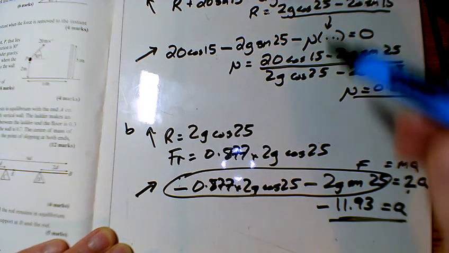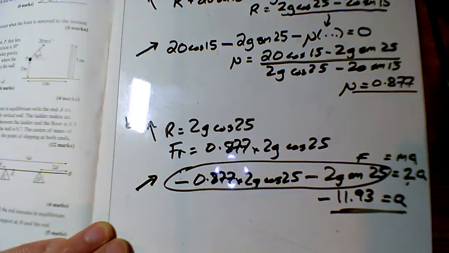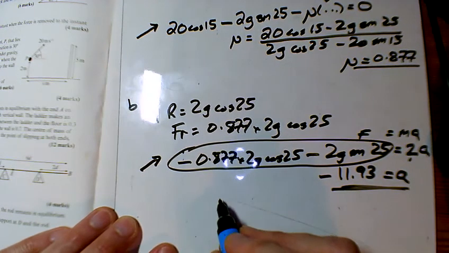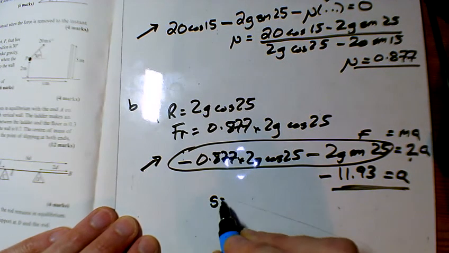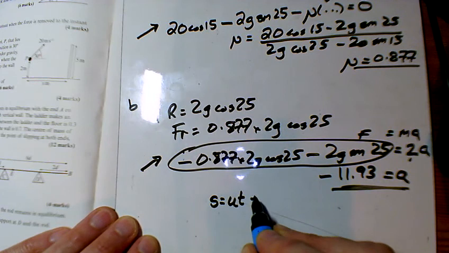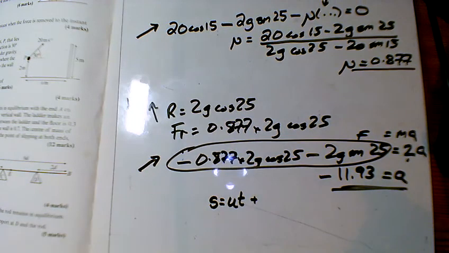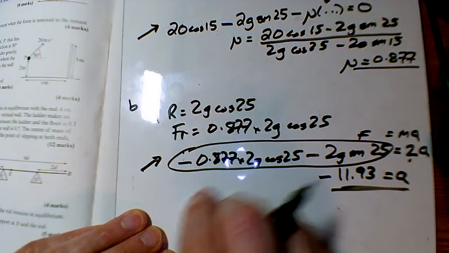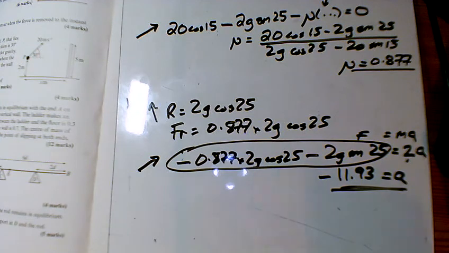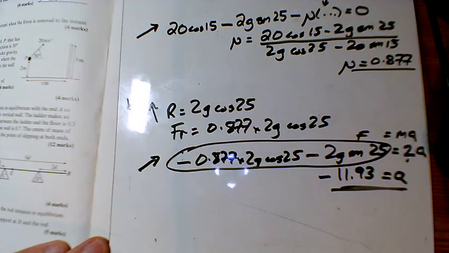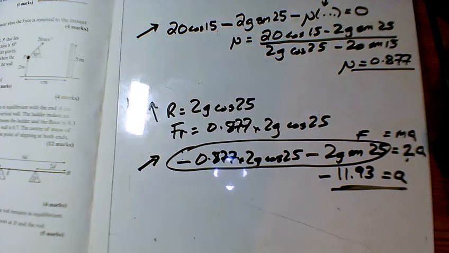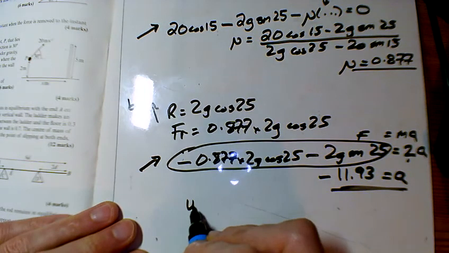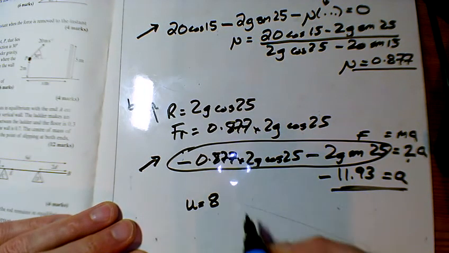I like it being minus because we want it to be not going as quickly up the slope. The question says, how far did it go? So S equals UT plus half AT squared. No. U is 8 because it said it was a constant speed of 8.